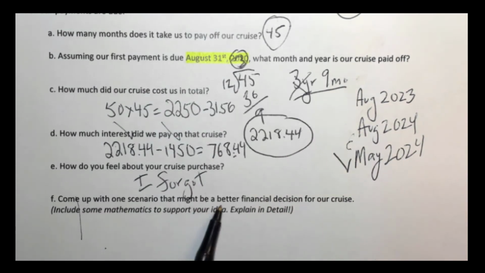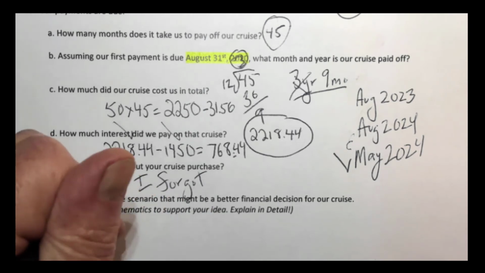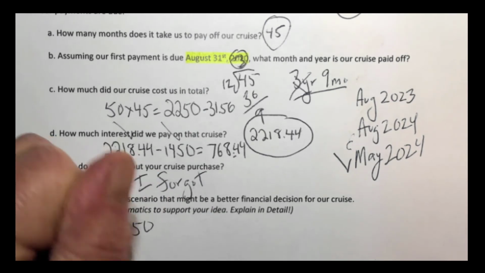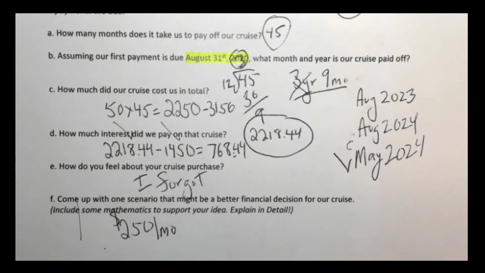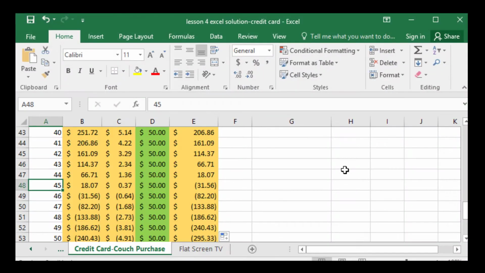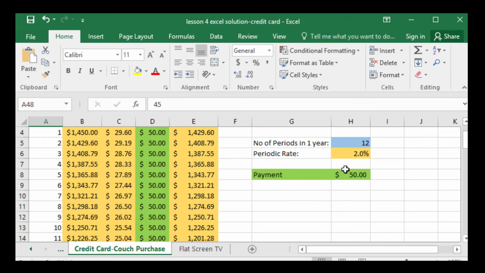Well, you can save up, but if you needed to go, how about doing this? Making $250 a month payments, or something like that, $200 a month, whatever. All I have to do here then is change this to 200 or 250.